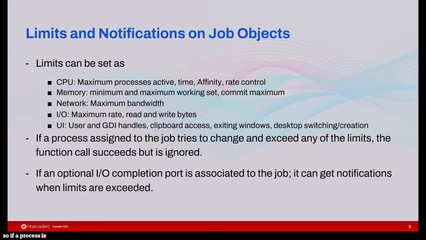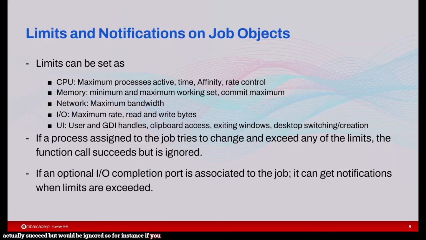So if a process is assigned to the job and it tries to exceed or change any of these limits, then the function call would actually succeed but would be ignored.